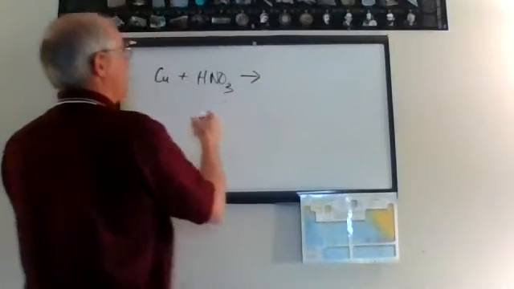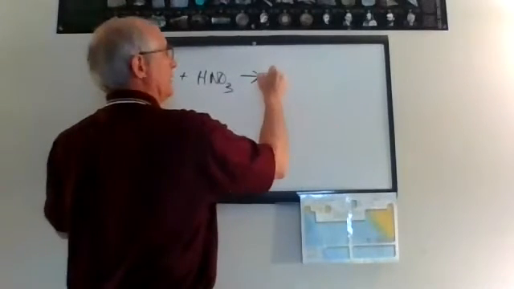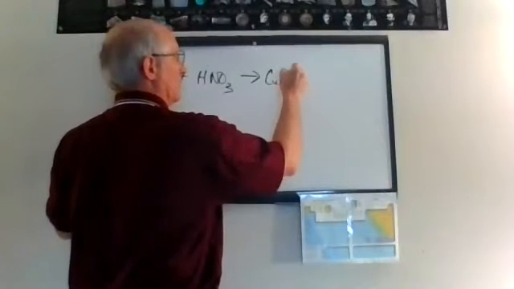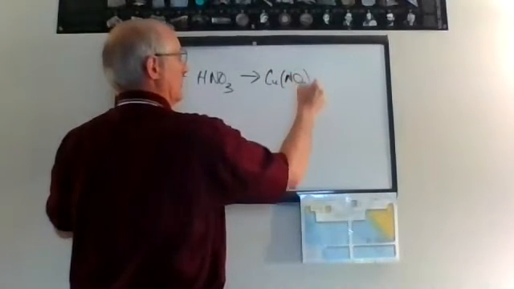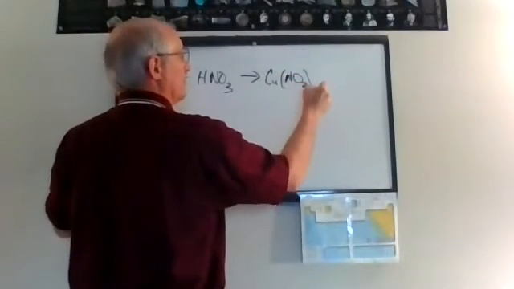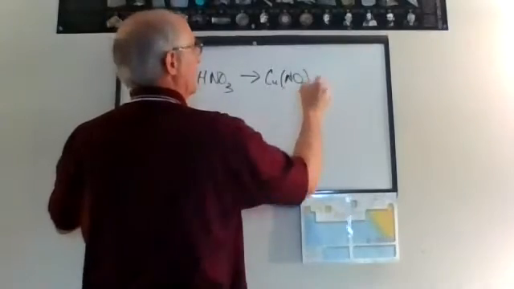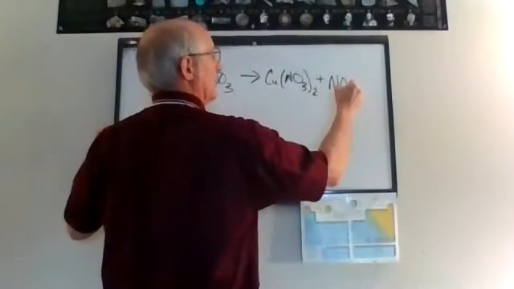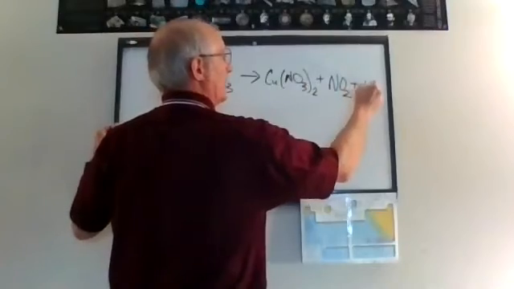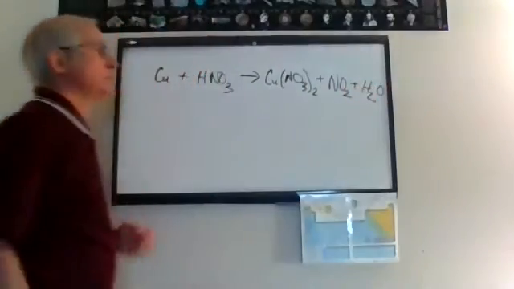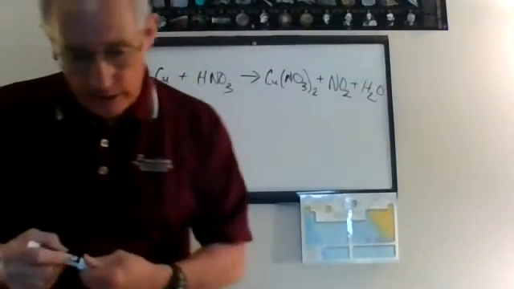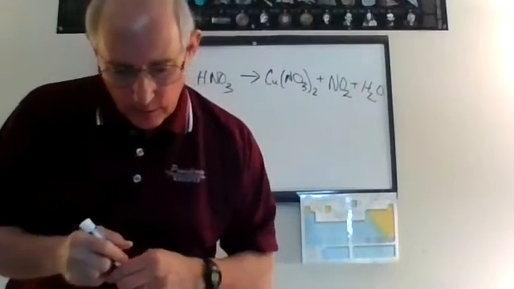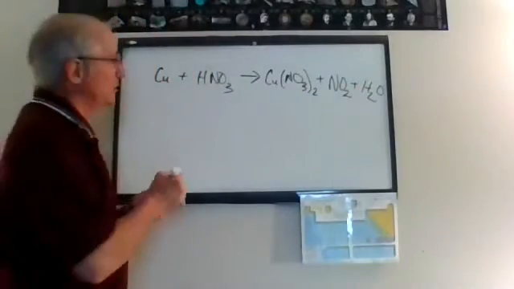And you're going to get copper nitrate, copper 2 nitrate. Oh, there's 2 of them. And you're going to get some nitrogen dioxide. And you're going to get some water. Now, when you go ahead and balance that thing, you're going to get 1, 4, 1, 2, 2.